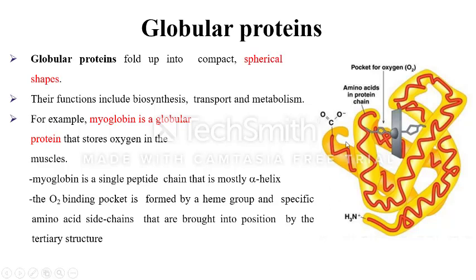You see here, a single peptide chain that is folded, right? That is mostly in alpha helix form. The oxygen binding pocket is formed by the heme group. You see here there is a pocket formation where you can see a heme group and specific amino acid side chains that are brought into specific position by tertiary structure.